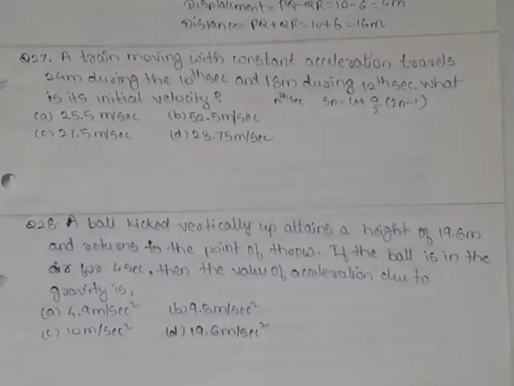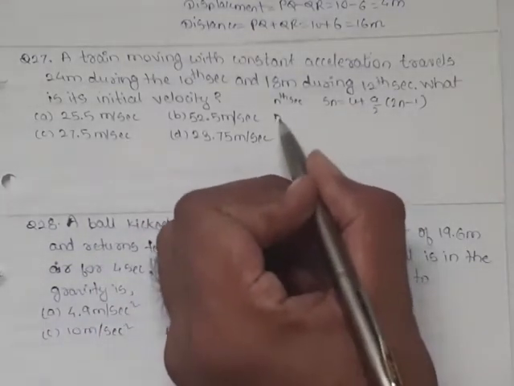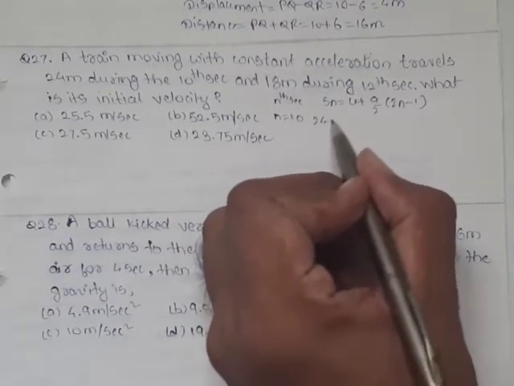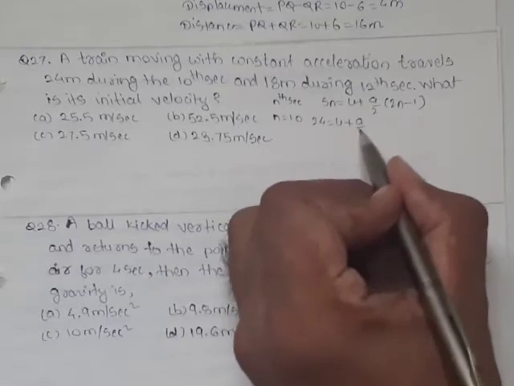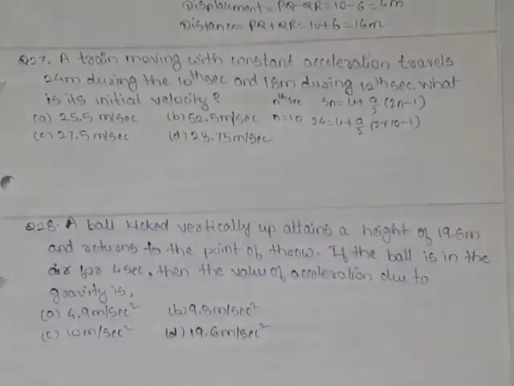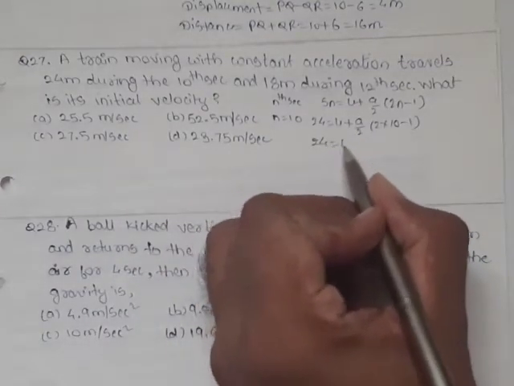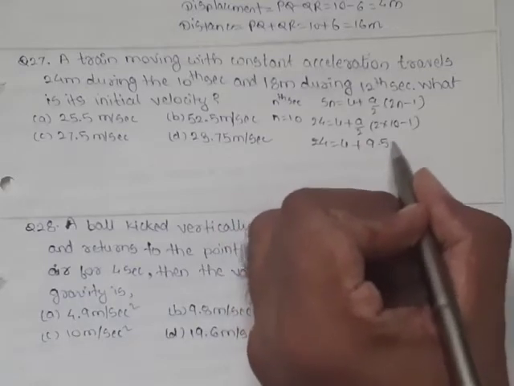Now for displacement in 10th second, when n is equal to 10, our Sn is equal to 24, equal to u plus a by 2 into 2 into 10 minus 1. So from here our equation becomes 24 equal to u plus 9.5a.